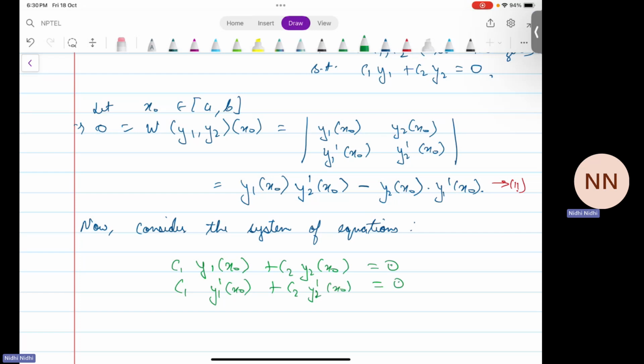So here y1 x naught, y2 x naught, y1 dash x naught, and y2 dash x naught are constants. The arbitrary variables are c1 and c2.